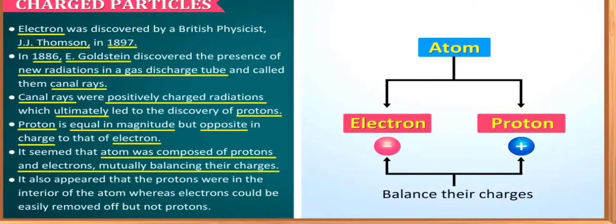It also appeared that the protons existed in the interior of the atom and that the electrons could easily be removed but not the protons. Understood? Now I hope you have understood it well.